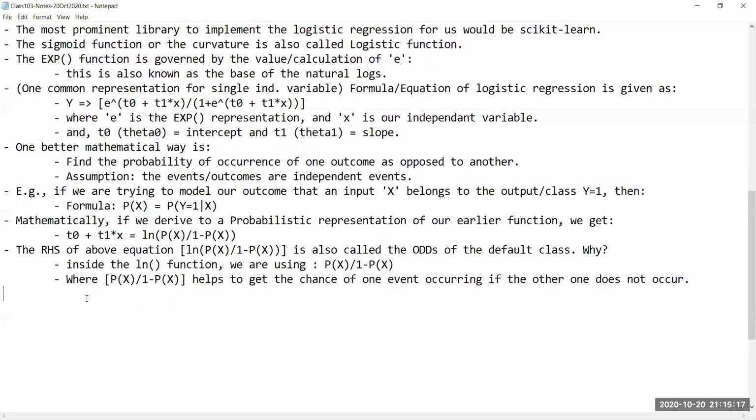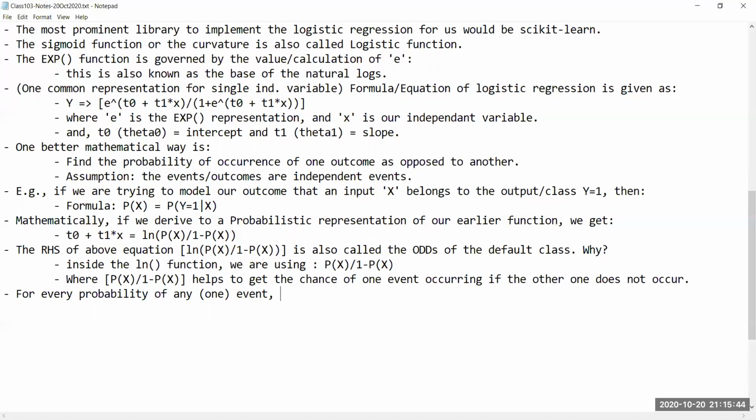In other words, in simplified words, for every probability of any one event out of two, we have only two events, right? So in our example also, we are modeling the data to find if the observation represents a male or a female, right? So I have only two possible outcomes.